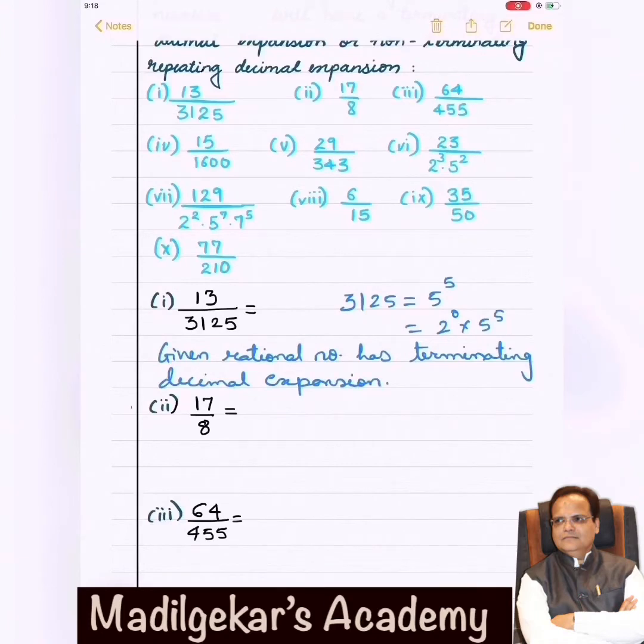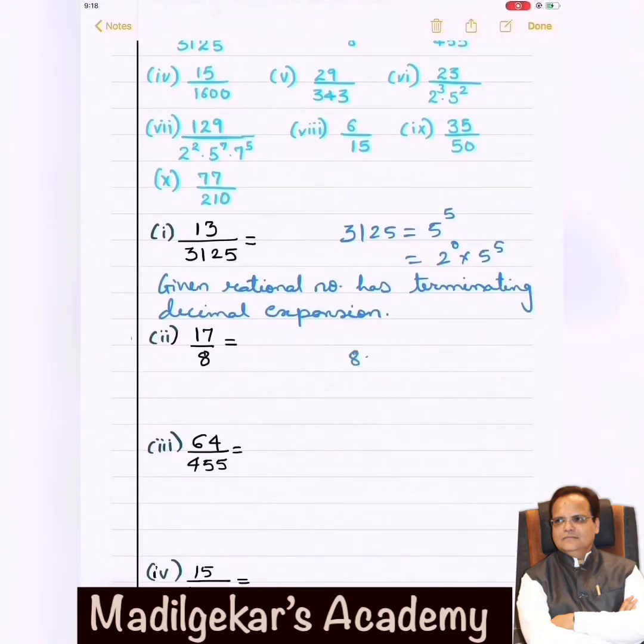Similarly, in the second bit, 8 is 2 cube, which is further 2 cube into 5 raised to 0. It means the given rational number has a terminating decimal expansion.